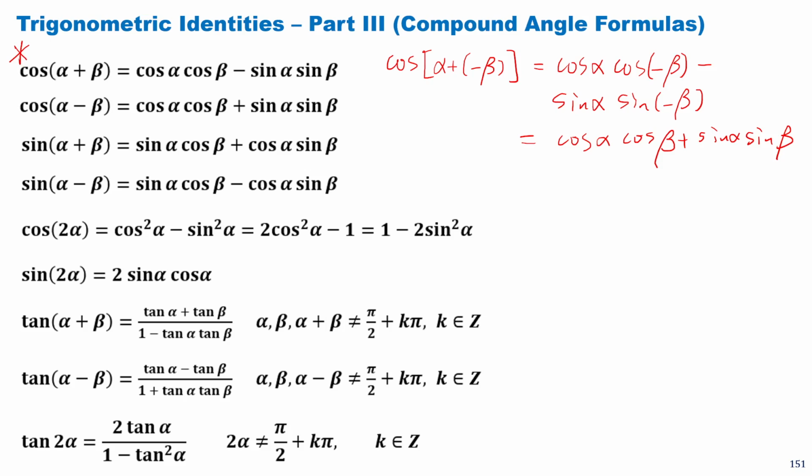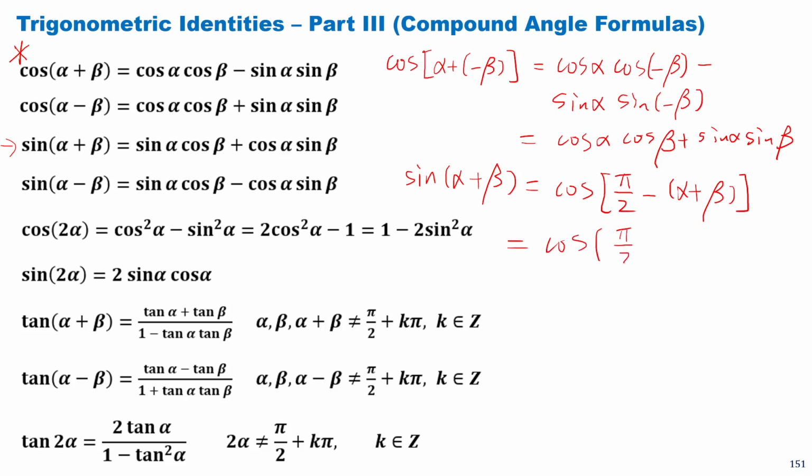And again, for example, if you want to prove the third one, you can rewrite this as sine alpha plus beta equals cosine half pi minus alpha plus beta. This is according to the co-function identity, right? And that equals cosine half pi minus alpha, that's the first angle, then minus beta.